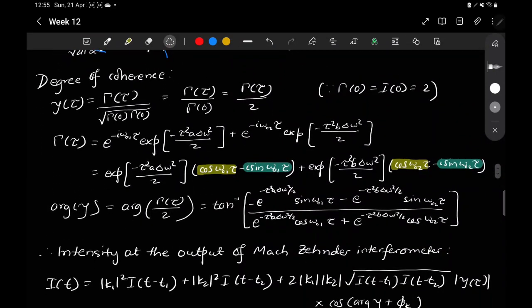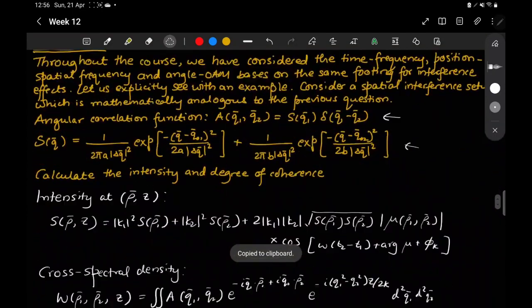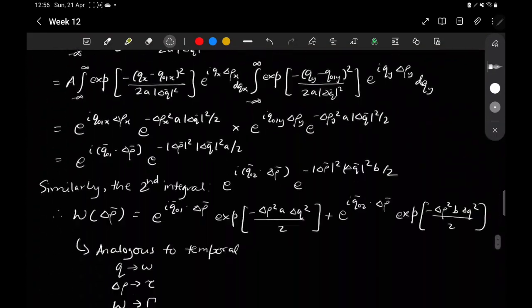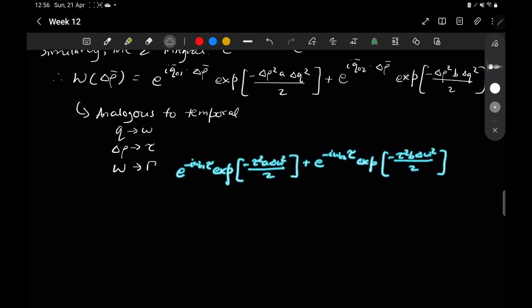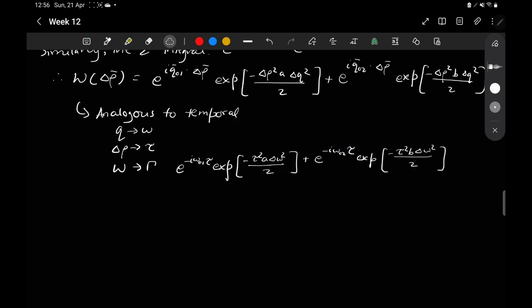Let me just copy it. This was gamma, and you see the complete analogy.